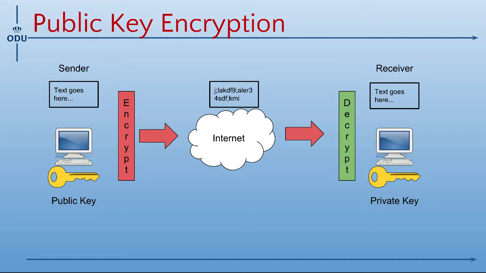Now this is all behind the scenes, it's handled at the browser level, you don't see any of this, but as you are typing in your order, that order is encrypted at your desktop or your phone, whatever the case may be. It is sent through the internet in an encrypted fashion, and only when it reaches the receiver can it be decrypted by the private key that that receiver has.